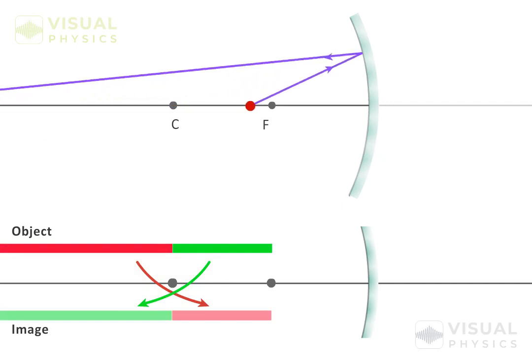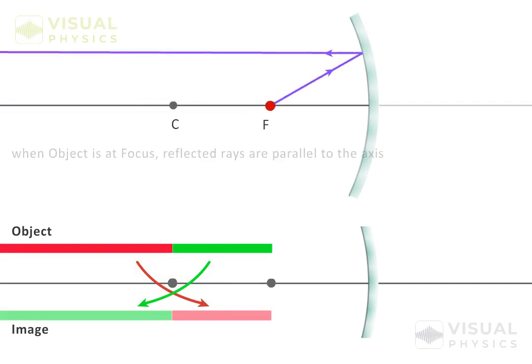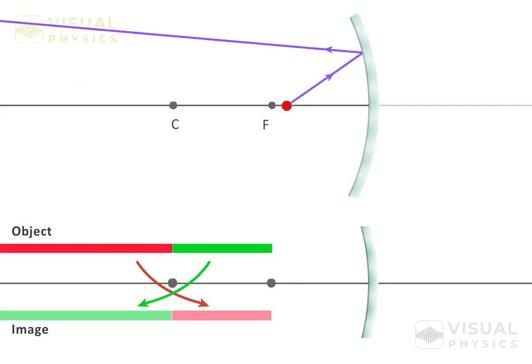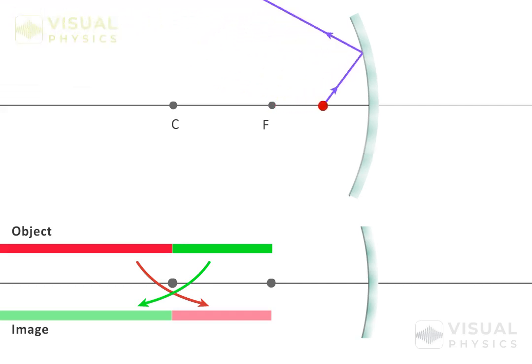Now, when the object is at focus, the reflected rays are parallel to principal axis. If the object moves closer to the pole, then the reflected rays become diverging in nature, so they cannot meet on this side of mirror.